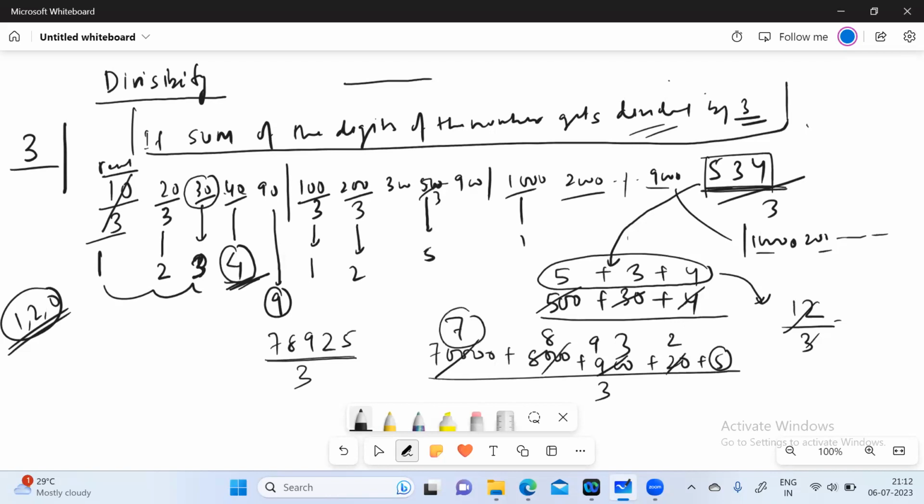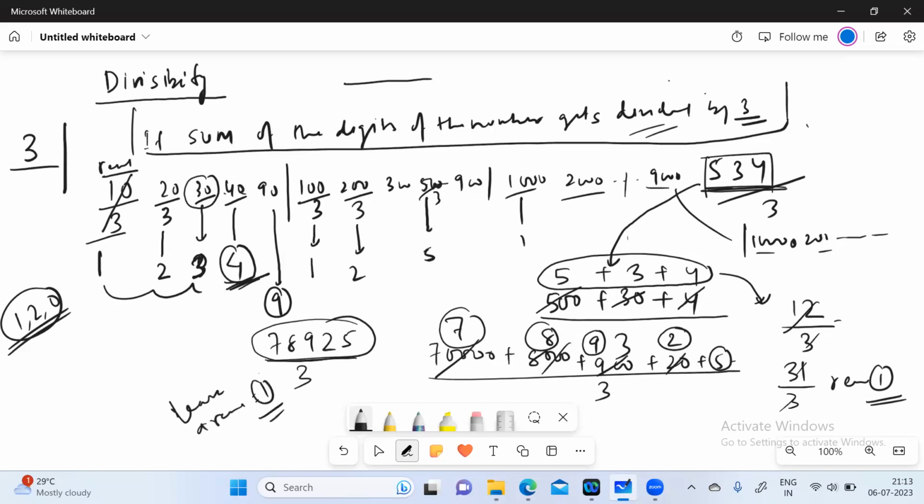So the total remainder I'm getting is 7 plus 8, 15, 15 plus 9, 24, 24 plus 2, 26, and 26 plus 5, 31. Now this 31 doesn't get divided by 3, it leaves a remainder 1. So even this number will not get divided by 3 and will leave a remainder 1. Okay, is it clear to everyone? Yes, sir.